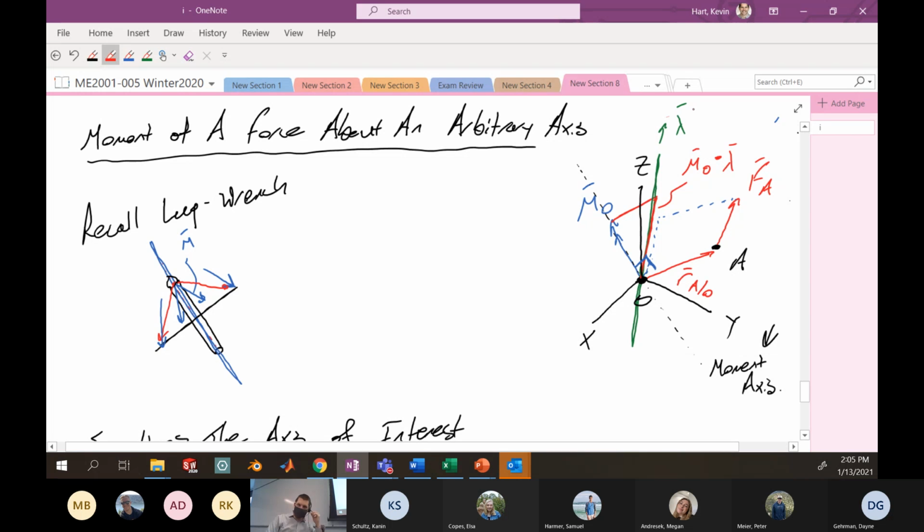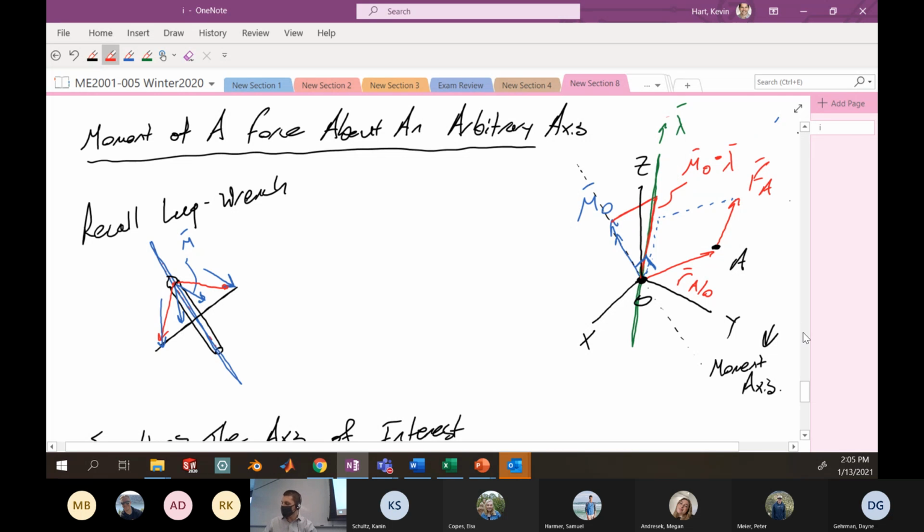And here we're leveraging our dot product to project the contribution of this particular moment into that axis by saying that the contribution of this moment in this particular axis is given by the moment dotted into that particular axis, with the M dot lambda here.